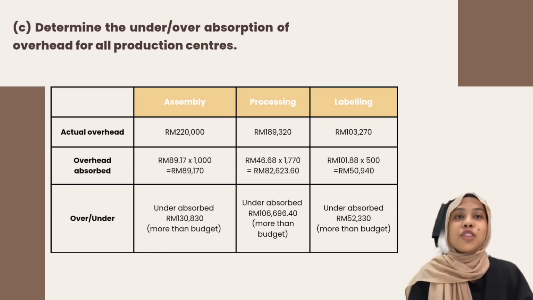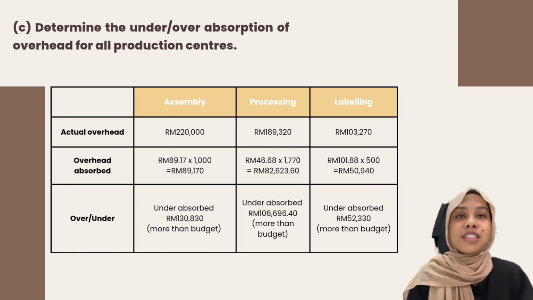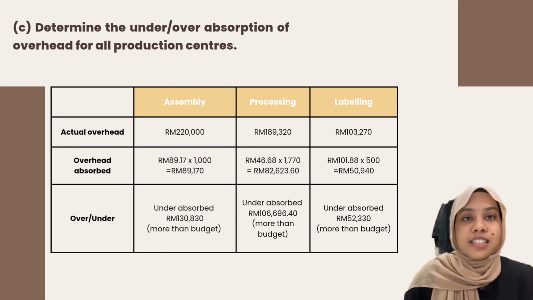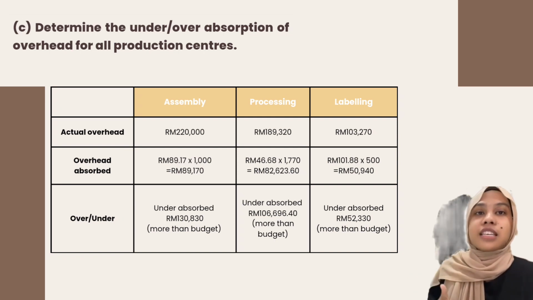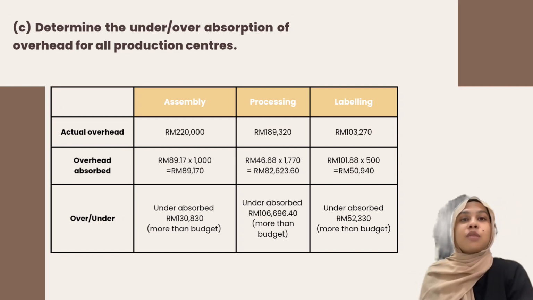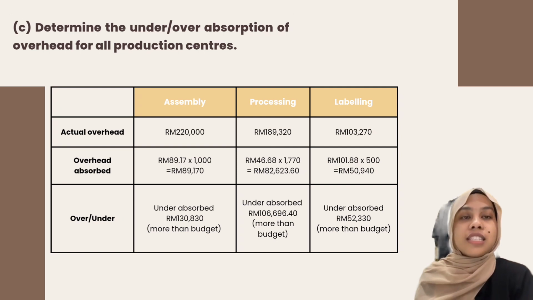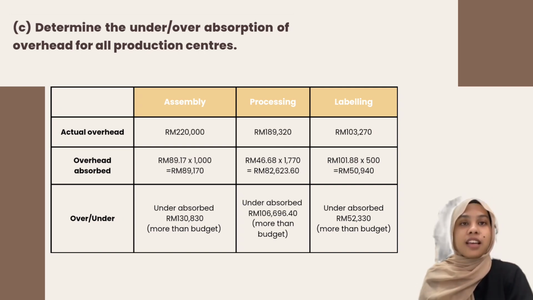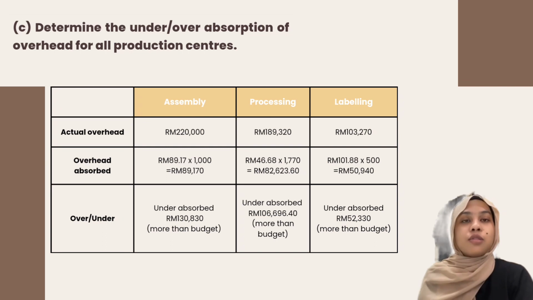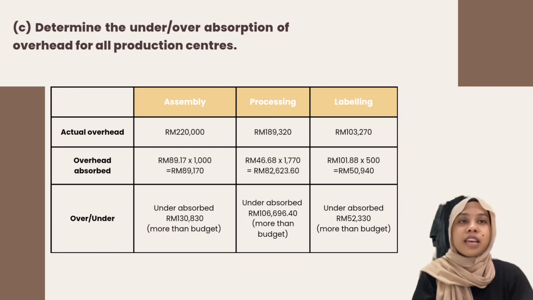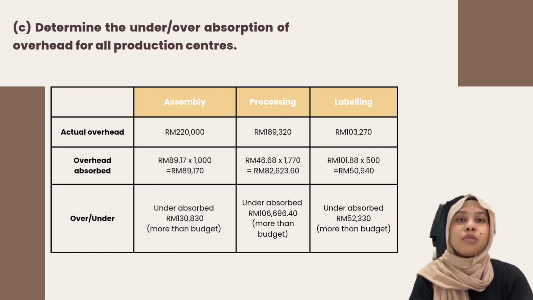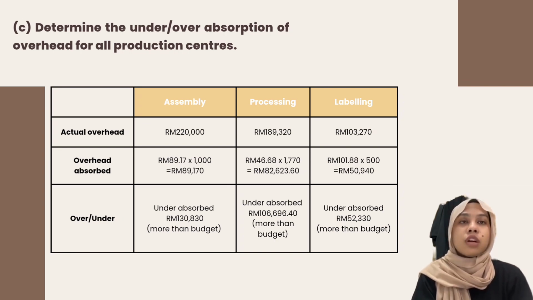For C, we need to determine the under or over absorption of overhead for all production centers, which are assembly, processing, and labeling. Firstly, we state the actual overhead for the production centers that we got from the information in the question. Next, we need to find the overhead absorbed. For assembly and processing, we multiply machine hours by the rate, where we will get 98,087 ringgit for assembly and 82,263.60 ringgit for processing.